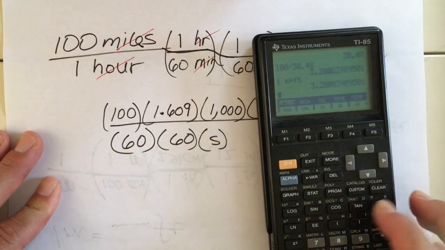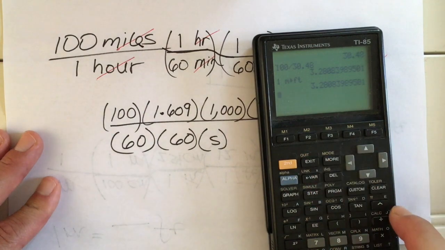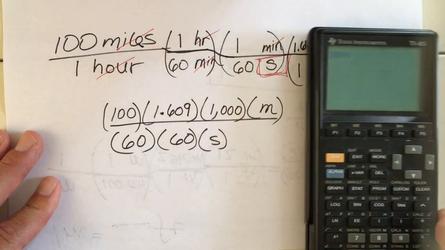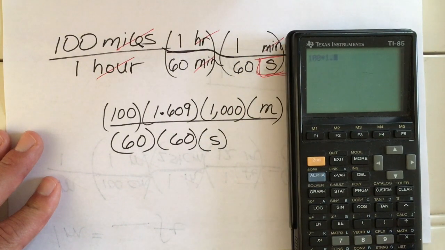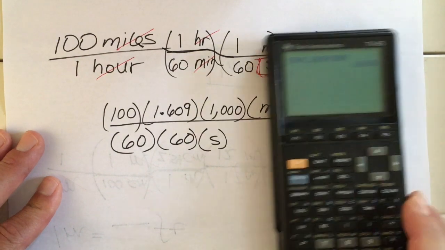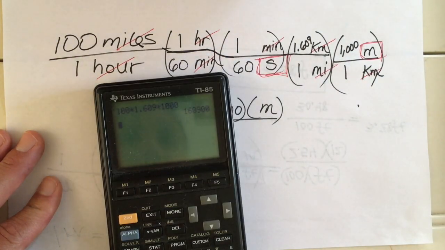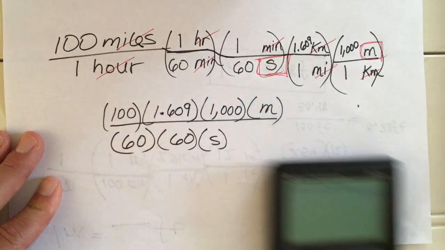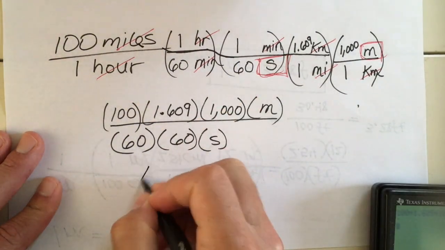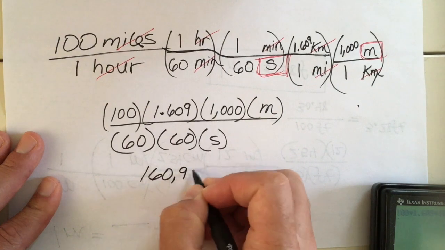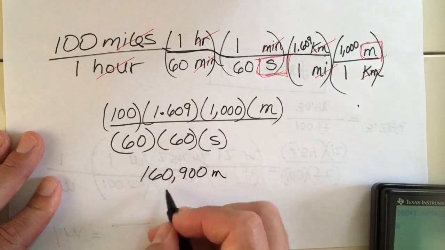Let's clear that. 100 times 1.609 times 1,000. Enter. So 160,900 for the top. Don't forget your units, meters.